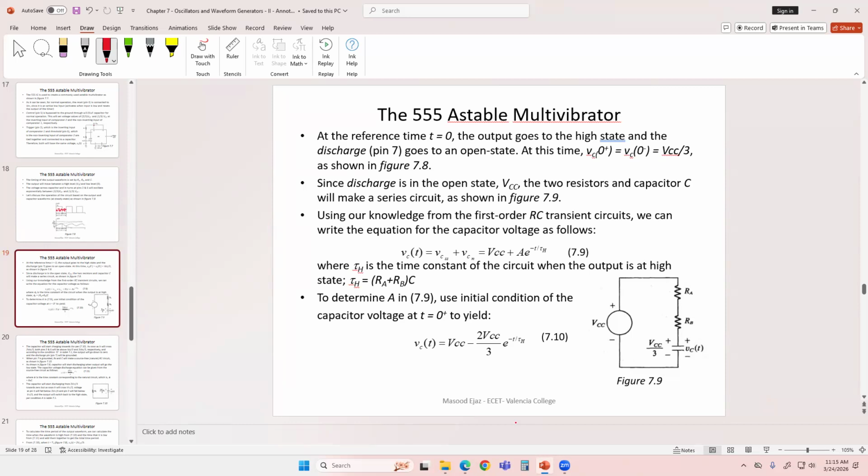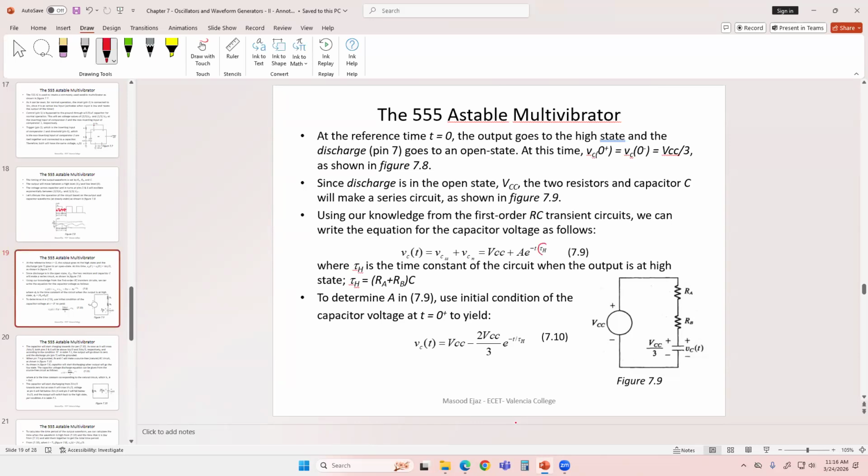And that's what you see right over here, which is a steady state value of the capacitor. When we let it run for a very long time, it's going to go to VCC. And of course, the value of your transient response, the expression is A e to the power negative t over tau h.